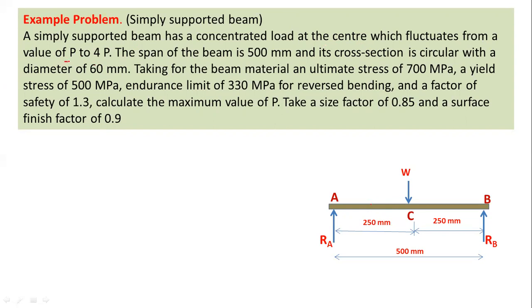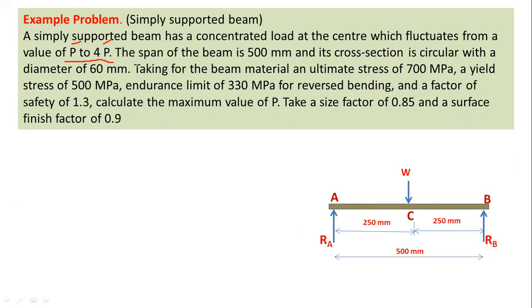These are the given loads. P to 4P are the fluctuating loads. So here 4P is the maximum load, that is W max, and W minimum equals P. Here the value of P is not given.